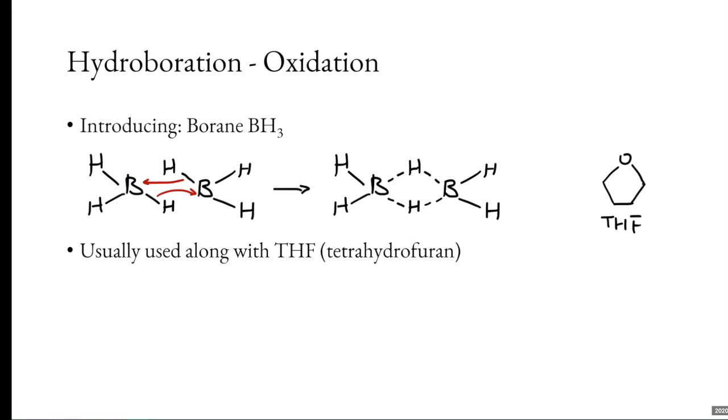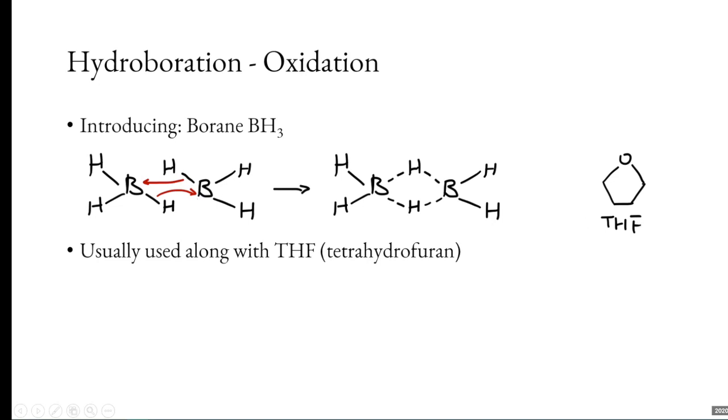When we use boron in the hydroboration process, we usually couple it with a solvent such as THF, which is tetrahydrofuran. In Chinese, it's 四氢呋喃. It looks like this. Want to guess why it is important to have a solvent such as THF if you want to have BH3?